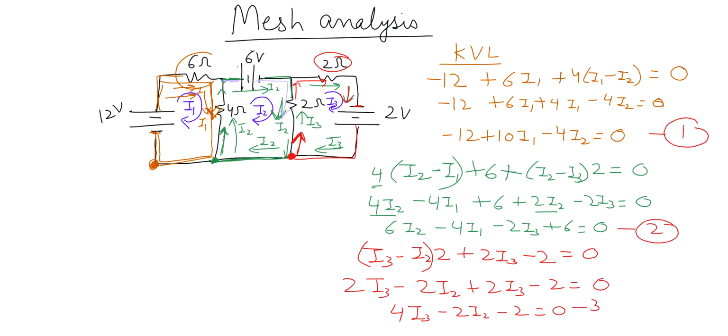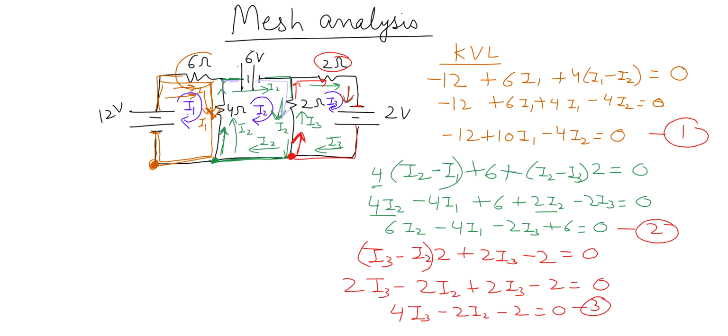There are 3 variables, I1, I2, and I3, and now we have 3 equations. The next step is to solve these 3 equations. You can use any method, either substitution method or matrices, whatever method is convenient to you.